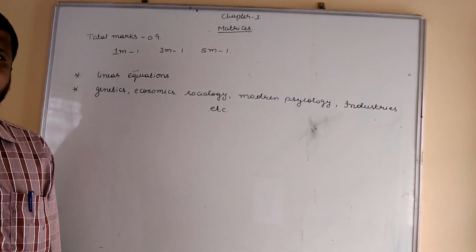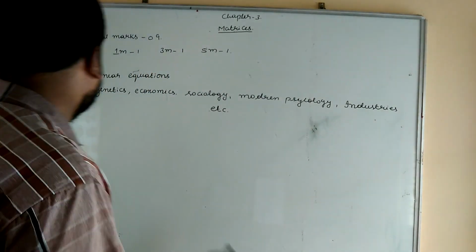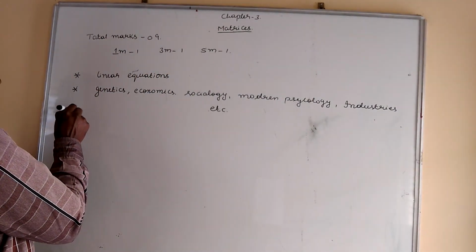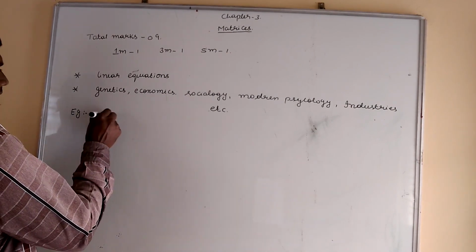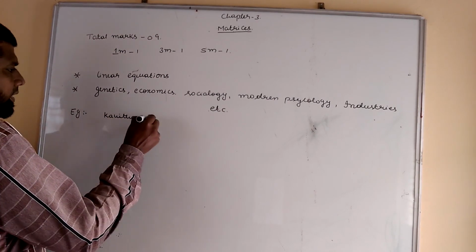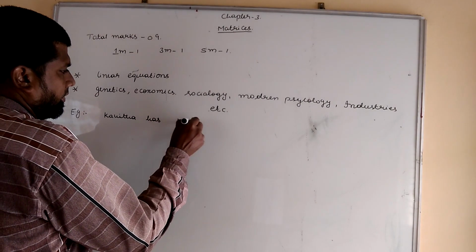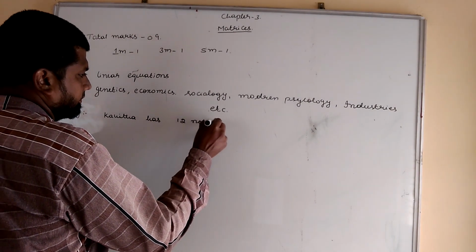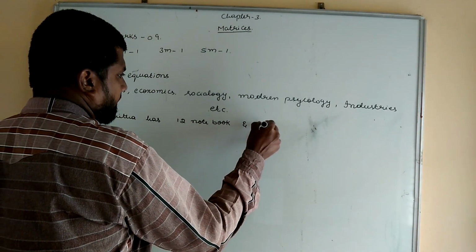So before going to the definition, let us go for the example. Kavita has 12 notebooks and 5 pens.